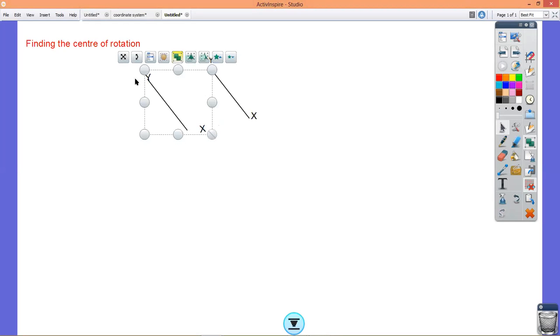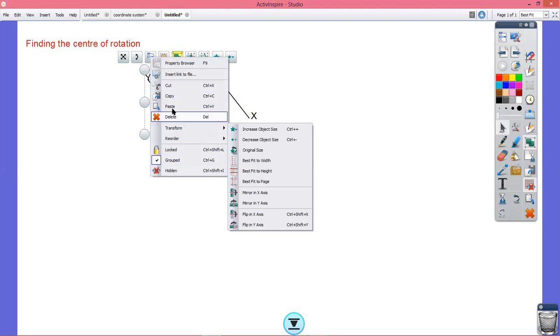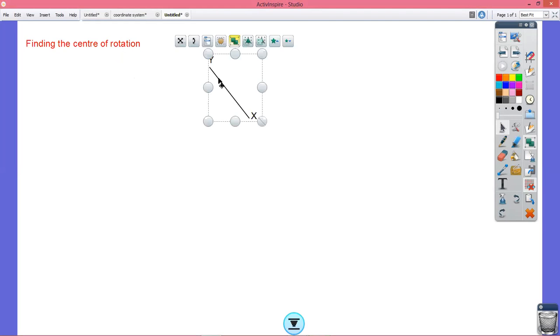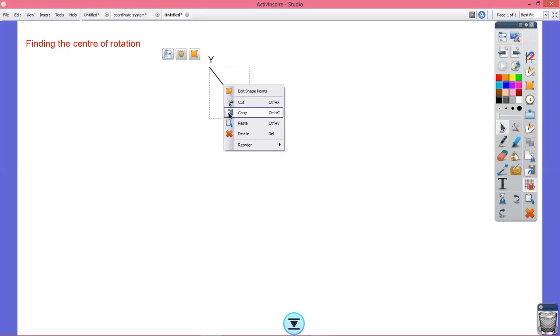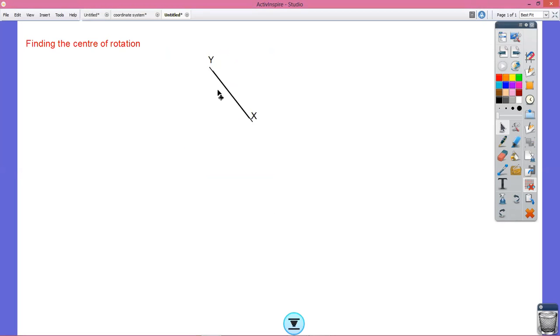No, let me draw it. Now I rotate it in this form.